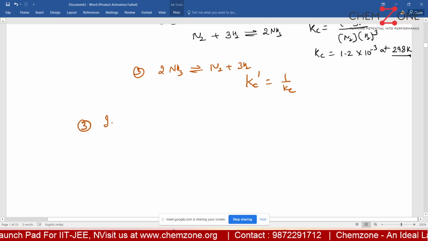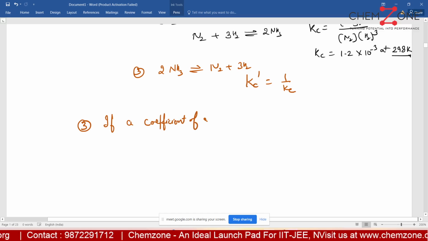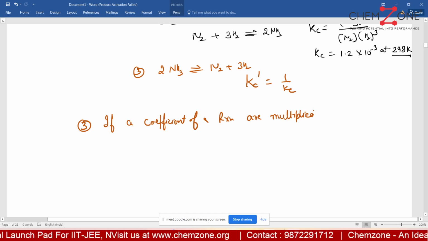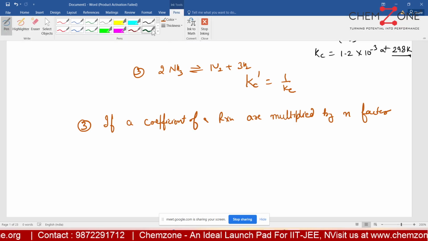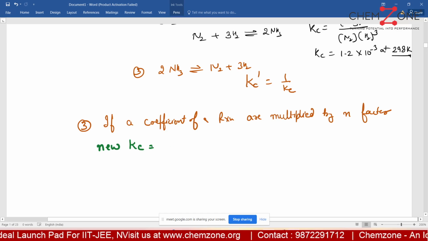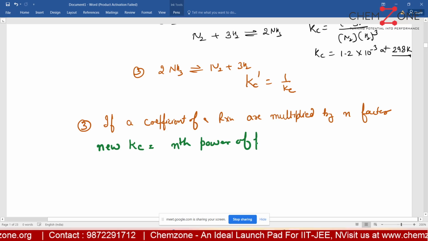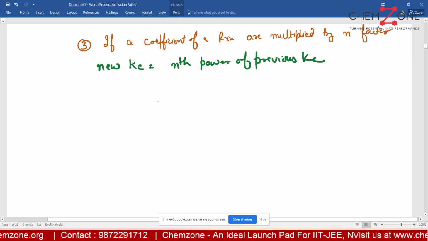Next point. Write down: if coefficients of a reaction are multiplied by n factor, the new equilibrium constant will be the nth power of the previous Kc. Let us understand how.